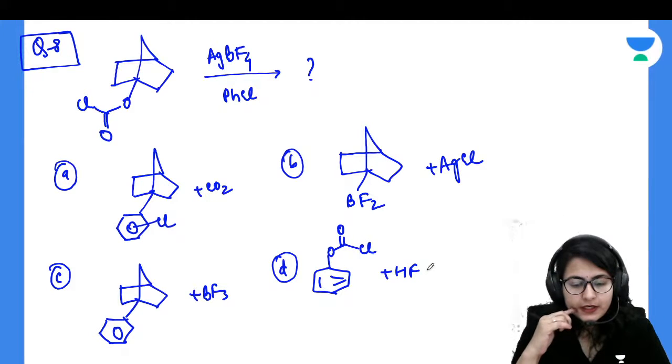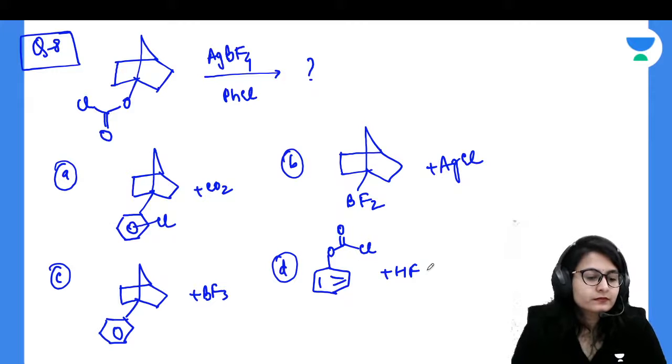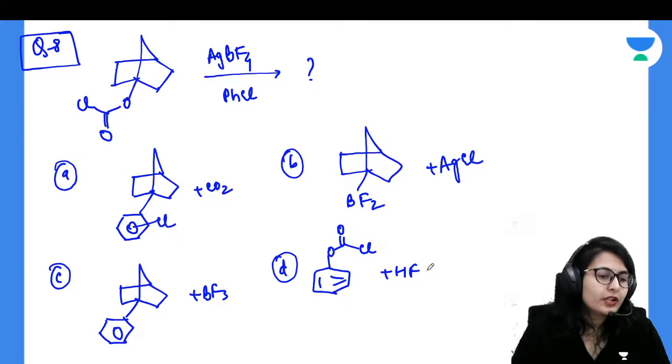Okay. What according to you is the major product of this reaction?